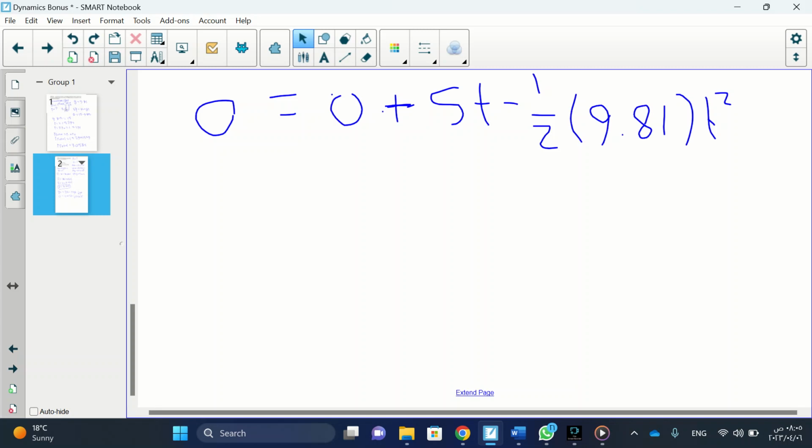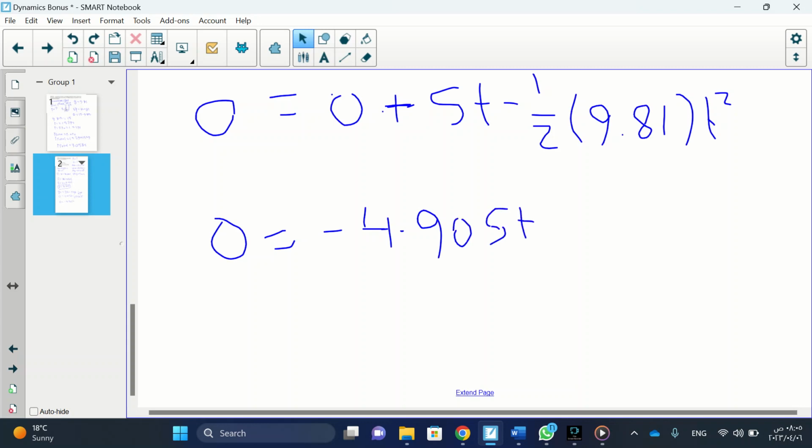So we will have 0 equal minus 4.905 T square plus 5T.